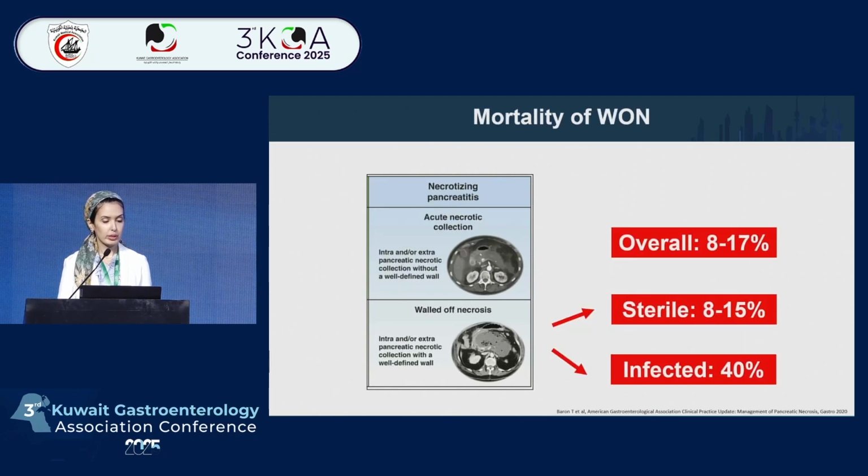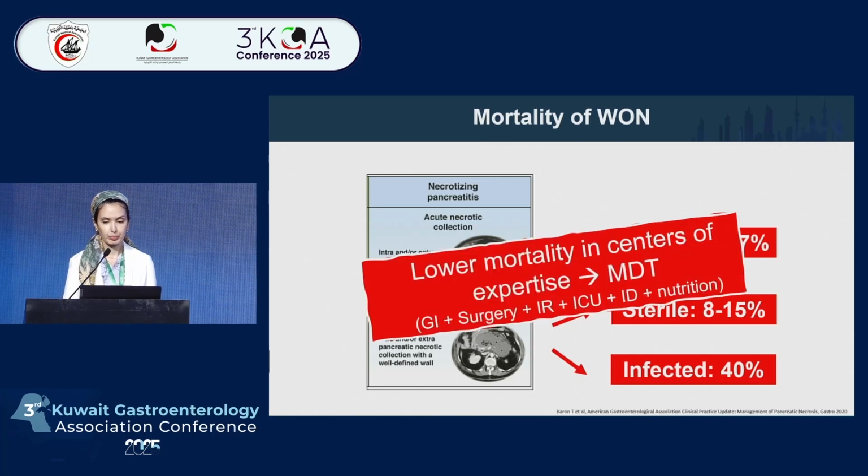Overall, the mortality of walled-off necrosis is quite high. It can reach up to 17%, and even higher if this necrosis becomes infected. With sterile walled-off necrosis, the mortality reaches 15%, and with infected walled-off necrosis, it can reach up to 40%.